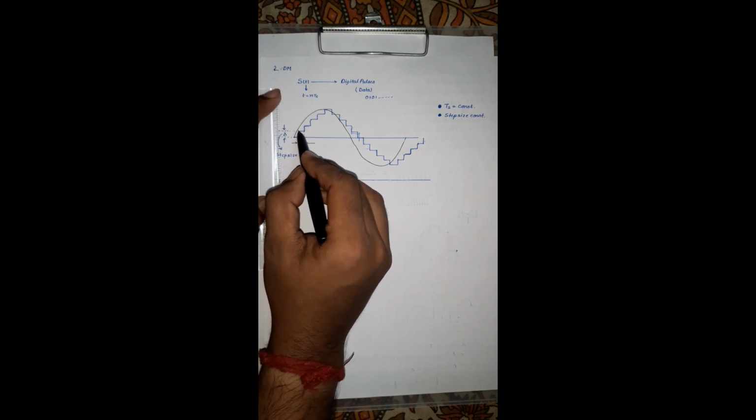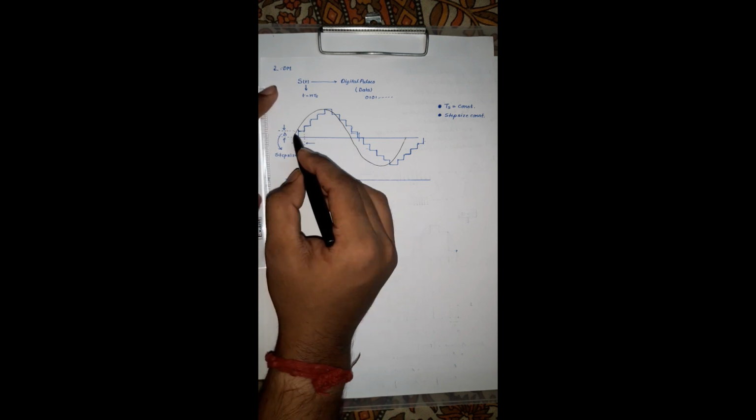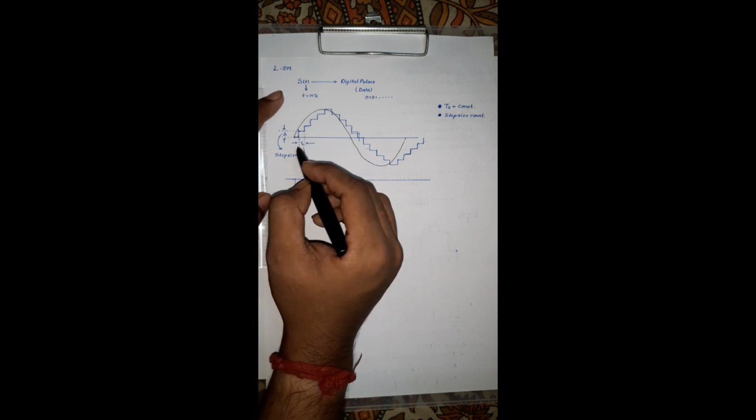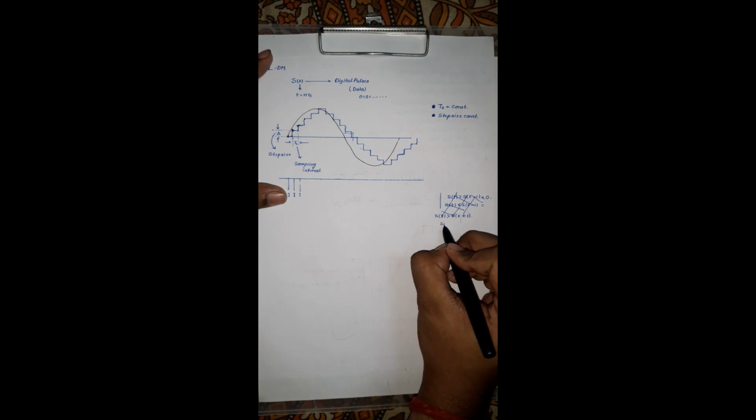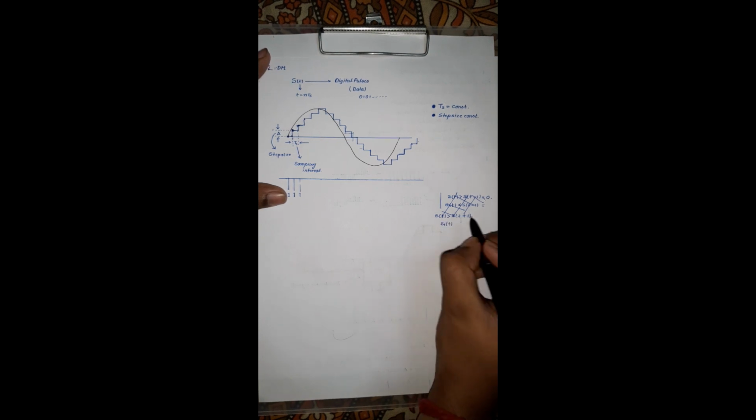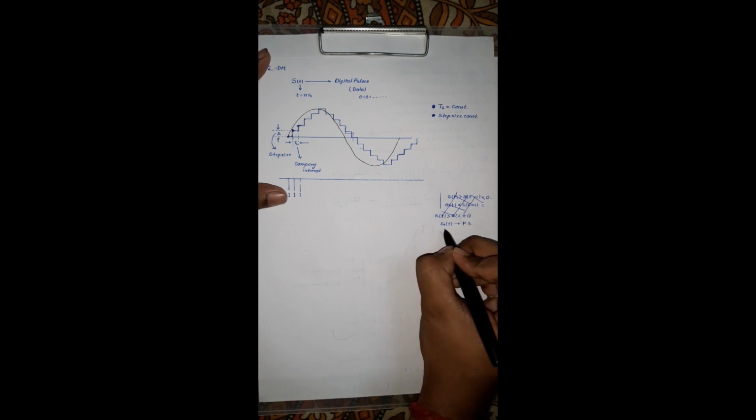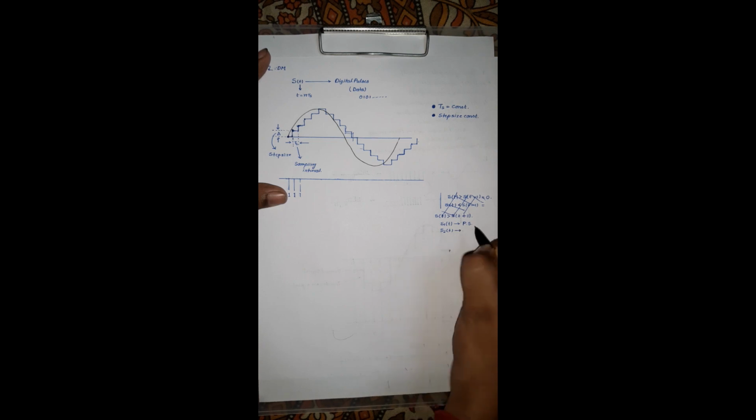That means when the next sample is taken, it will compare whether the last sample was greater than the present sample or not. Suppose S1(T) is the present sample, and S2(T) is the next sample.